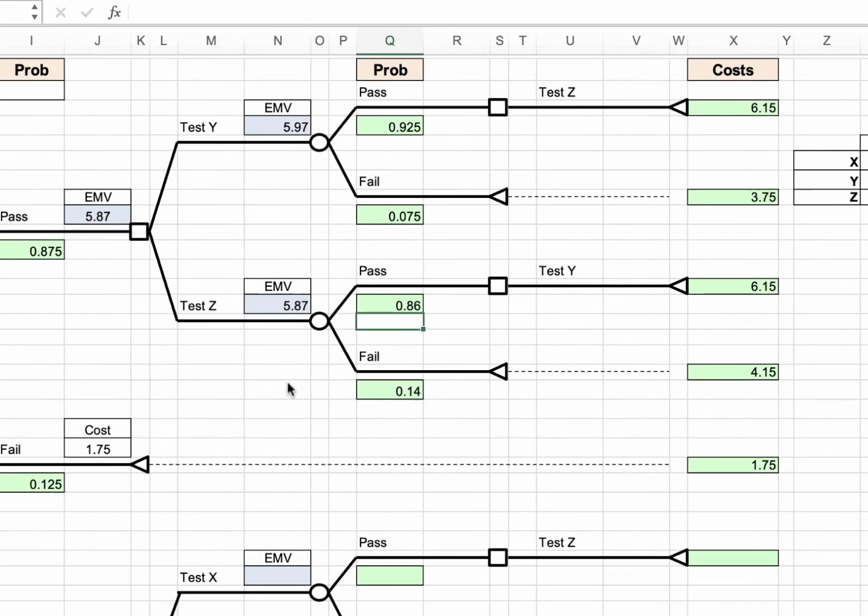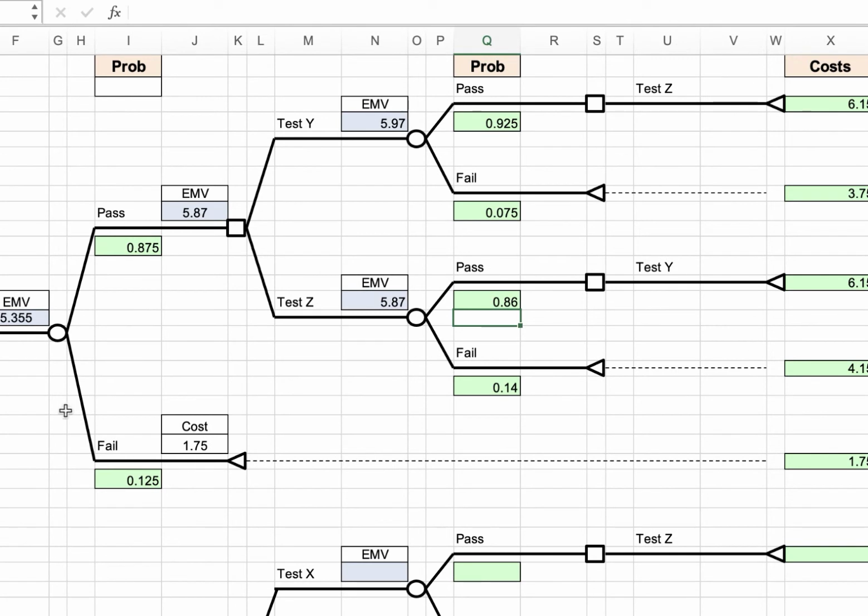So now we get to make a decision. If we begin with X and pass, then the correct choice would be to go to Z, not Y, because going to Y is more expensive on average than going X to Z. So on our decision tree here, we would want to carry over the minimum of those two expected values.